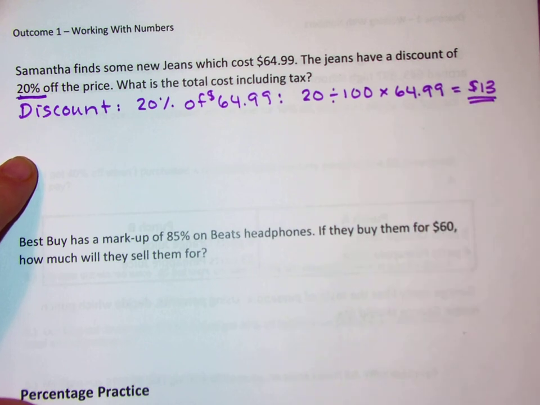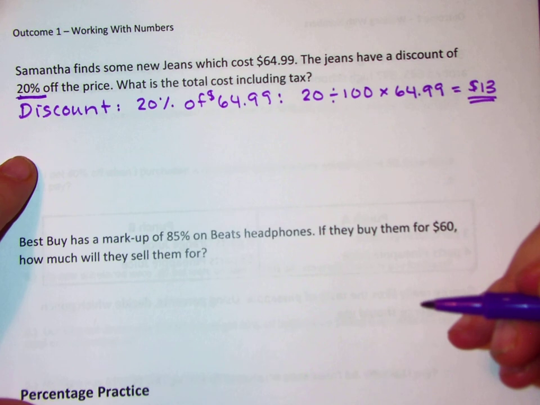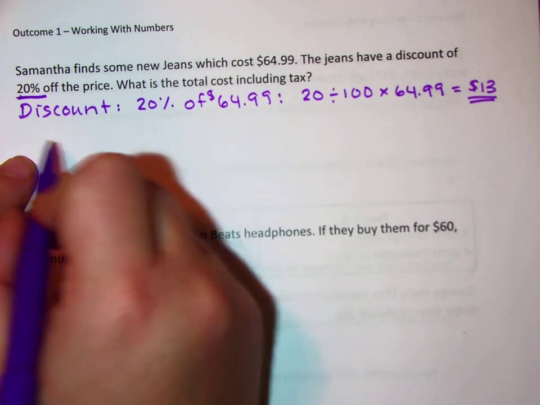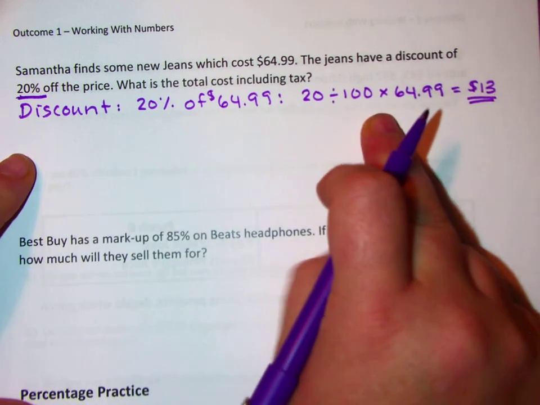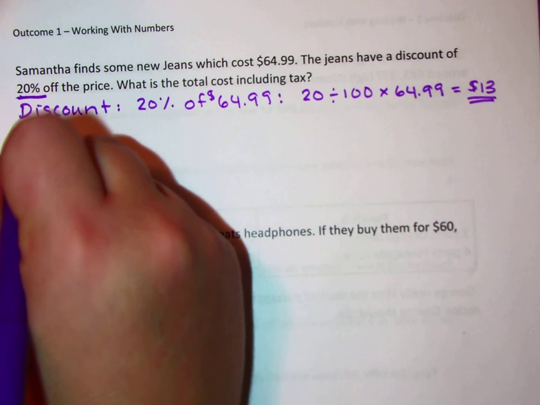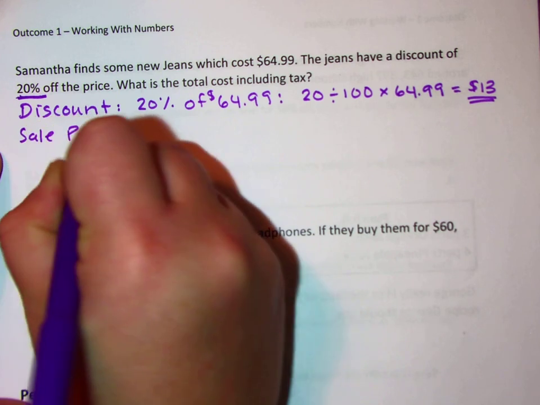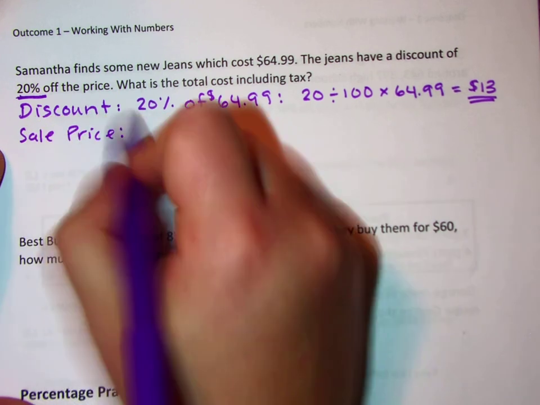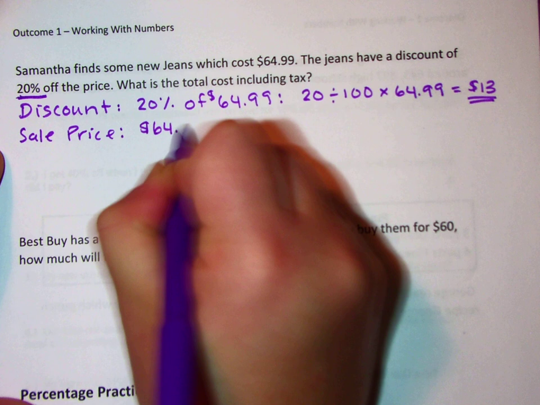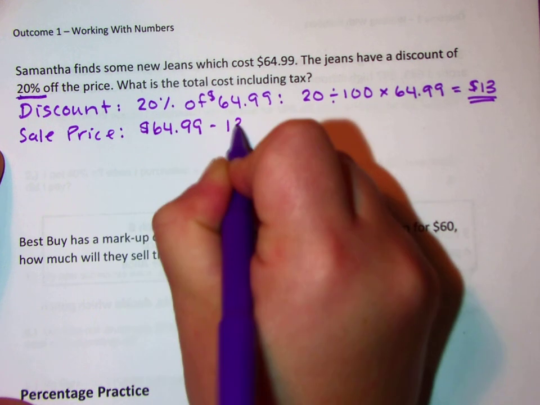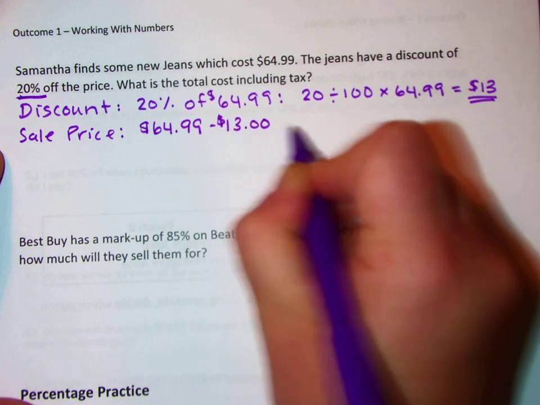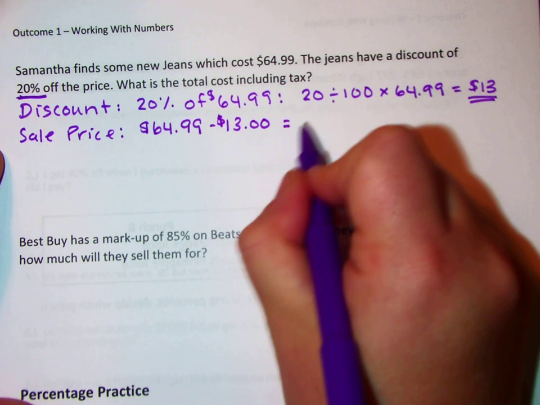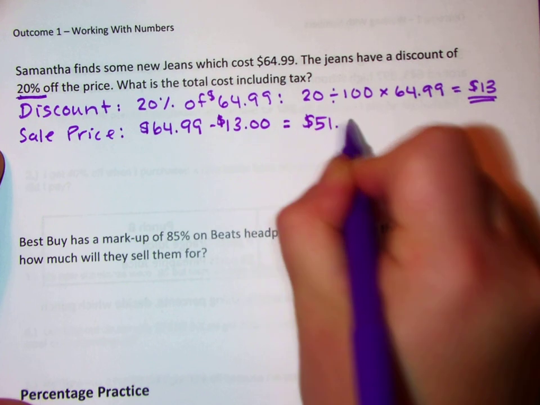Now remember, a discount is taken off, right? We're losing that money. So I'm going to figure out what the sale price is now. The sale price, we know it's $64.99 originally, minus this $13 discount, and that ends up being $51.99.